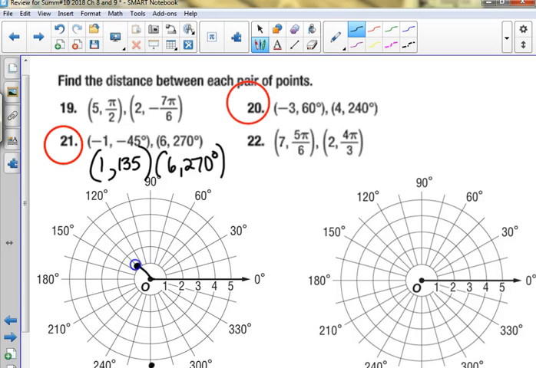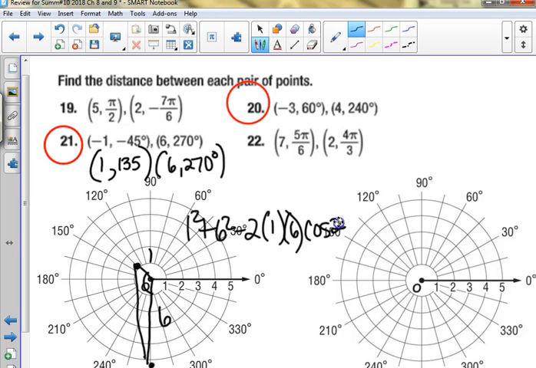So if I am going to be lazy and use law of cosines, what is the angle in between those? From 135 to 270 subtracted is 135, isn't it? So I would do 1 squared plus 6 squared minus 2 times 1 times 6 times the cosine of 135.